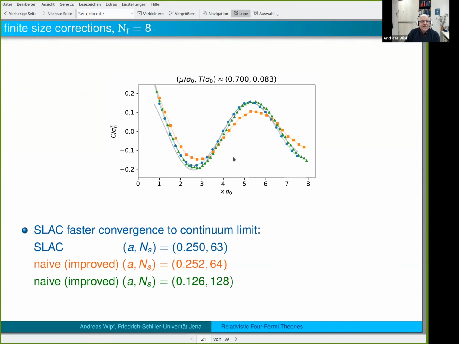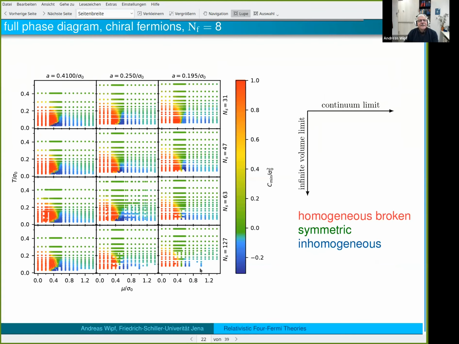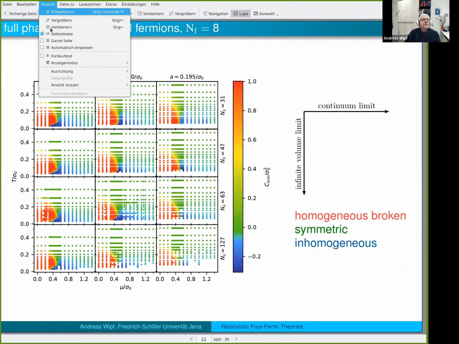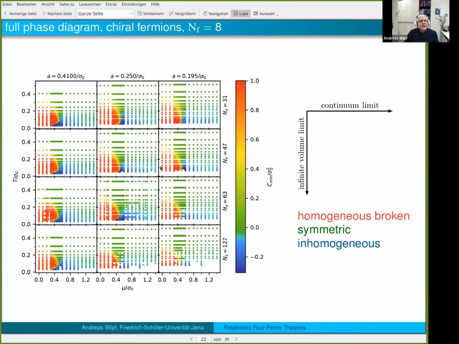Well, this is more for the lattice people. We checked, of course, that we are close to the continuum limit, checked for finite size effects and so on. So this is a bunch of phase diagrams. To the right, you go to the continuum limit. To the bottom, you go to infinite volume. Along the diagonal, you go to the continuum limit with a constant physical size of the system.